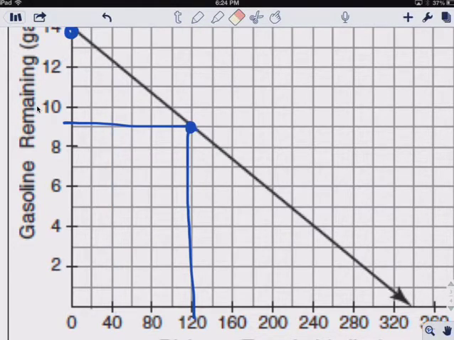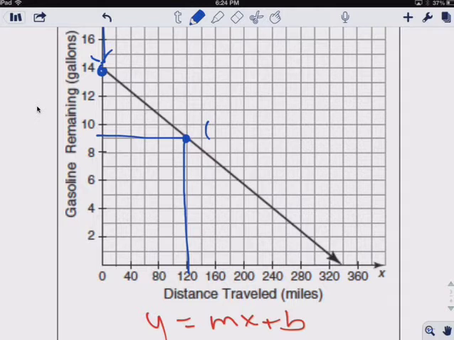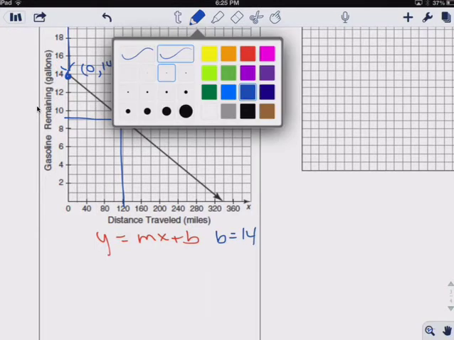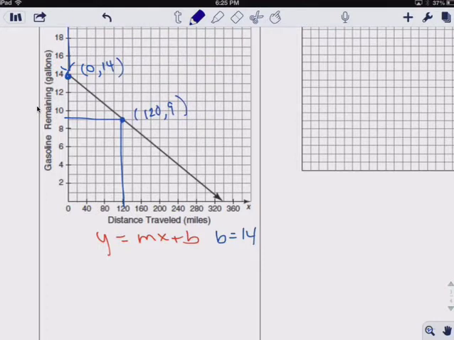Okay, so here is 120 and 9. Here is 0 and 14. Like I say, b is 14. Now we need to find slope though. You can always use point slope for this, but it's too much work because there's b already. m equals 14 minus 9 over 0 minus 120. m is equal to 5 over negative 120.